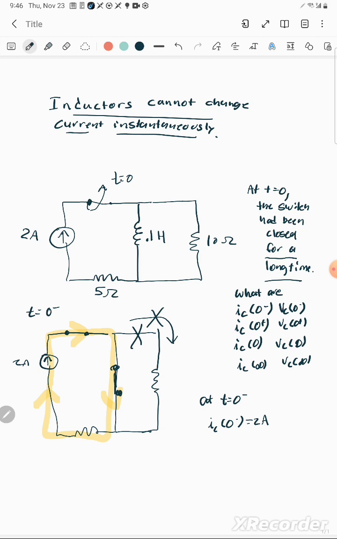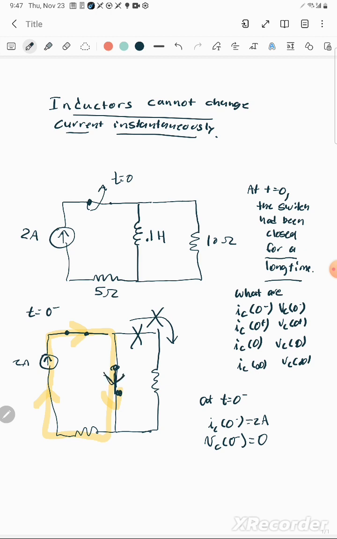Now, there is no voltage difference across a short wire, a straight wire. The voltage difference across it is going to be 0 because it's a conductor. So VC of 0 minus equals 0. So that's at 0 minus. Now, we know that the current cannot change, and it's in this direction, so it's going down.